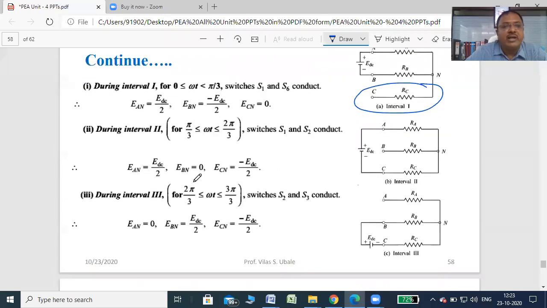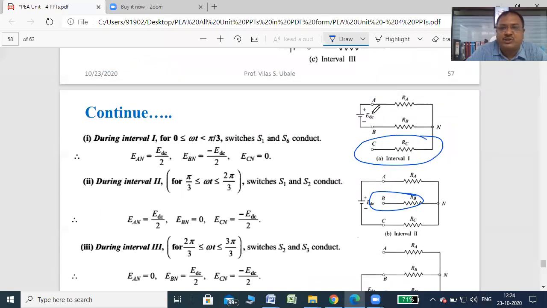Similarly, during interval 2, EAN is EDC by 2, EBN is 0, right? And ECN equals minus, because here EAN is positive when current is entering up to the N, that is positive, and when it is going from N to the battery, that is negative.